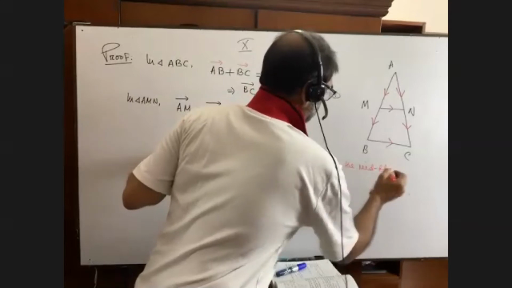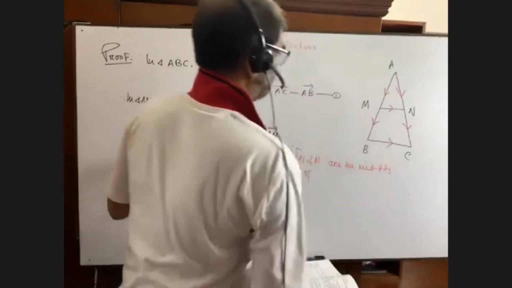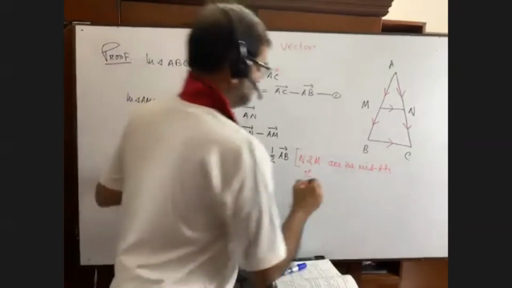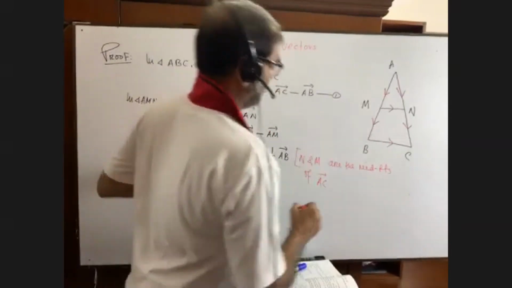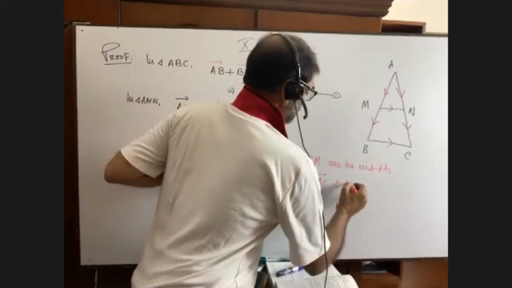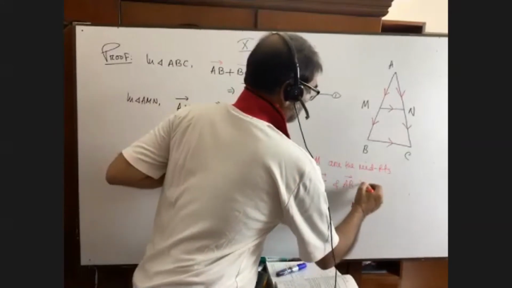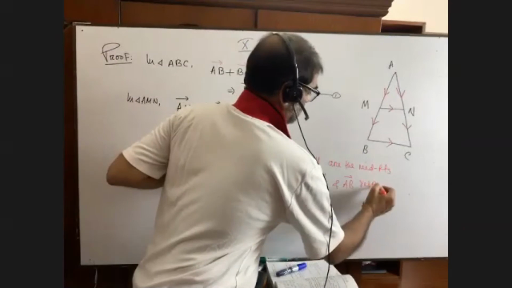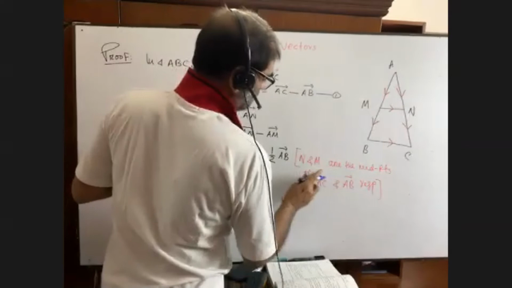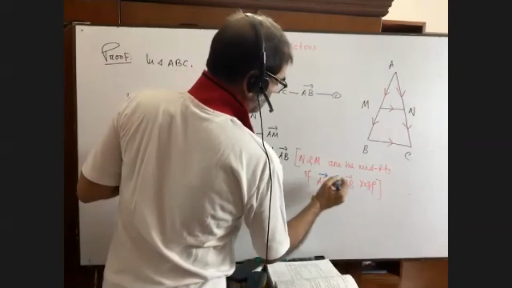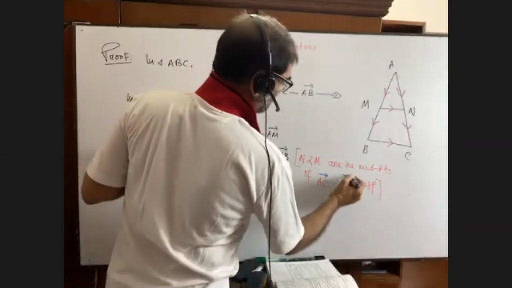N is the midpoint of AC and M is the midpoint of AB. You have to write AC in this way and AB in this way, respectively. The word is respectively. You can give the vector sign here so that you remember it is to be given.